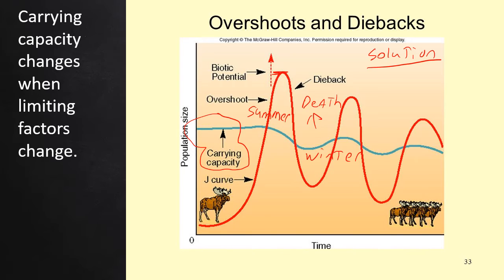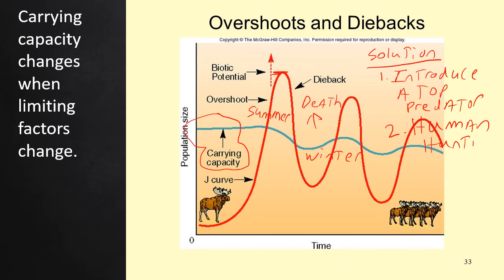So the solution would be, one, to either introduce a top predator, or to become the top predator and control the population with human controlled hunting. And that way we can lower the population down to, let's say, here, a more acceptable level that does not endanger the ecosystem in the winter.